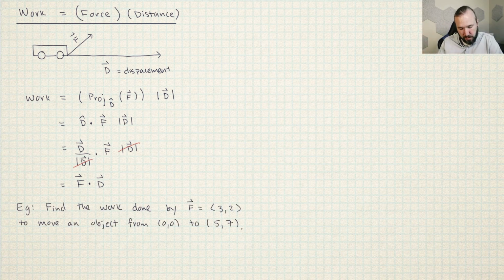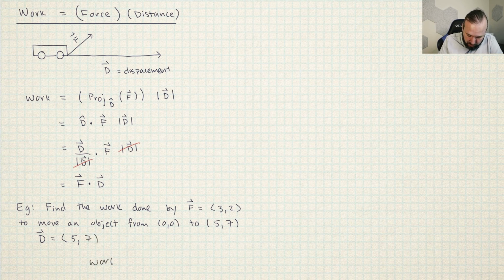Let's do it. Suppose that we are using a force 3, 2, and we're trying to move an object from 0, 0 to 5, 7. Then I'm going to calculate the displacement vector here. I'm just doing final minus initial, so 5 minus 0 is 5, and 7 minus 0 is 7.